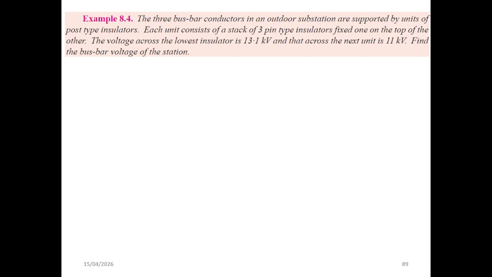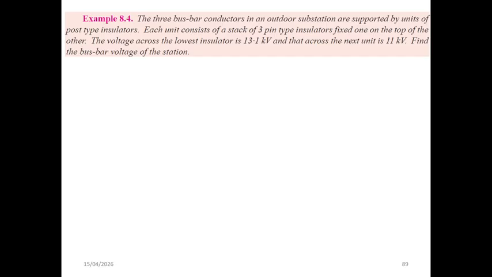Okay, this slide presents another practical example related to voltage distribution in post-type insulators used in an outdoor substation. In this case, three bus bar conductors are supported by insulator units, where each unit is made up of a stack of three pin-type insulators placed one on top of each other.